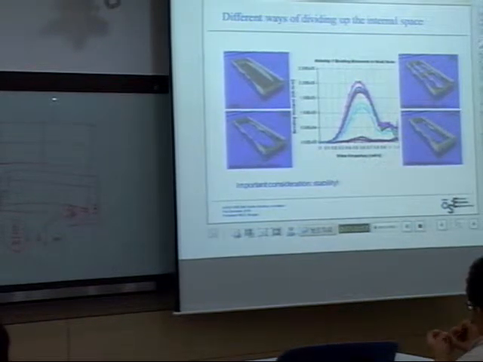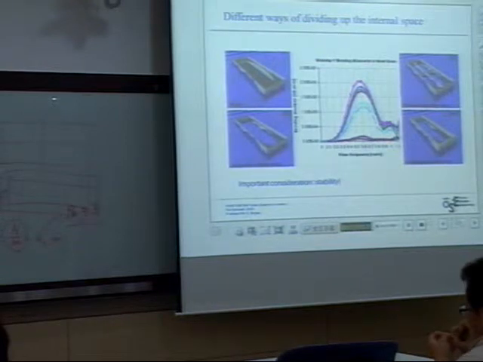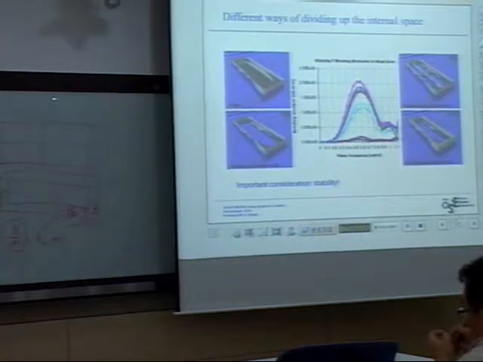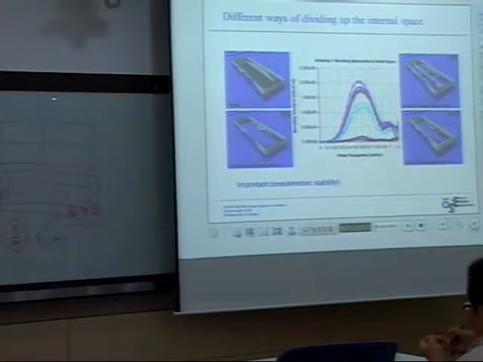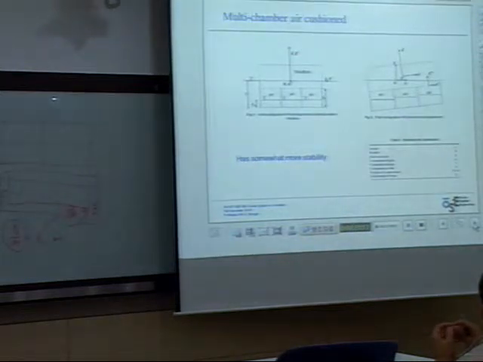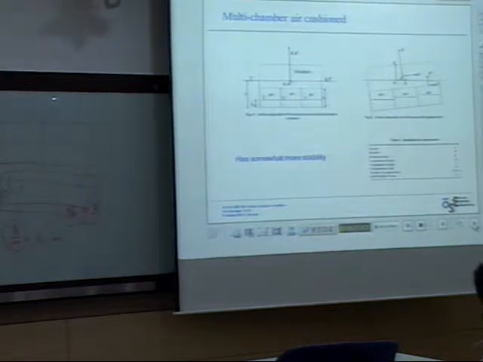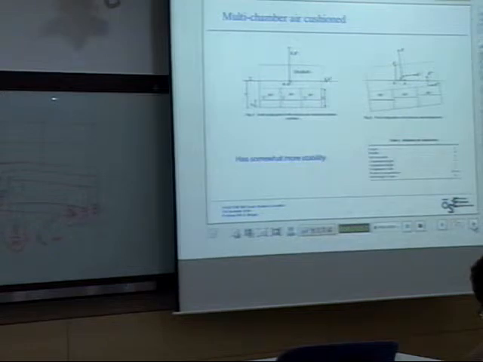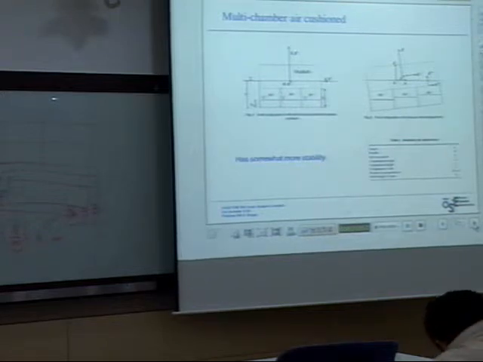But certainly, if you are going to analyze a big floating structure, you have to do the hydrodynamics and the wave loading very seriously. So this is an illustration. If you have several chambers, it's more stable than having only one chamber.